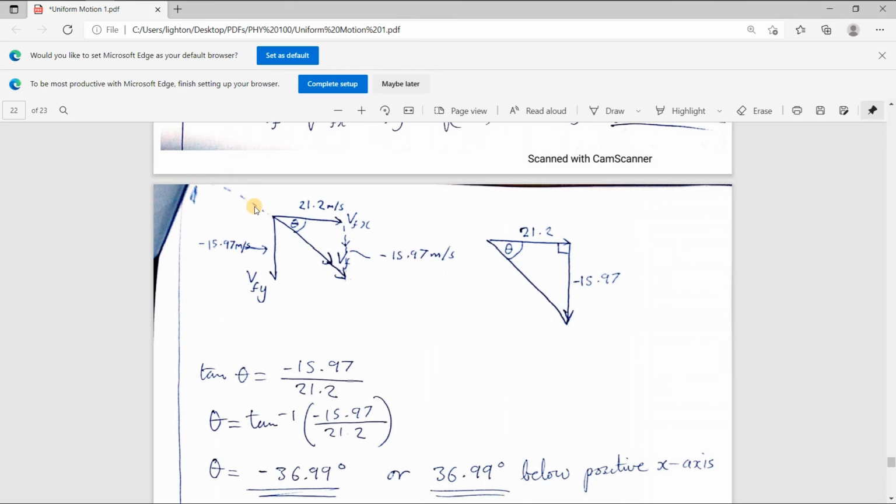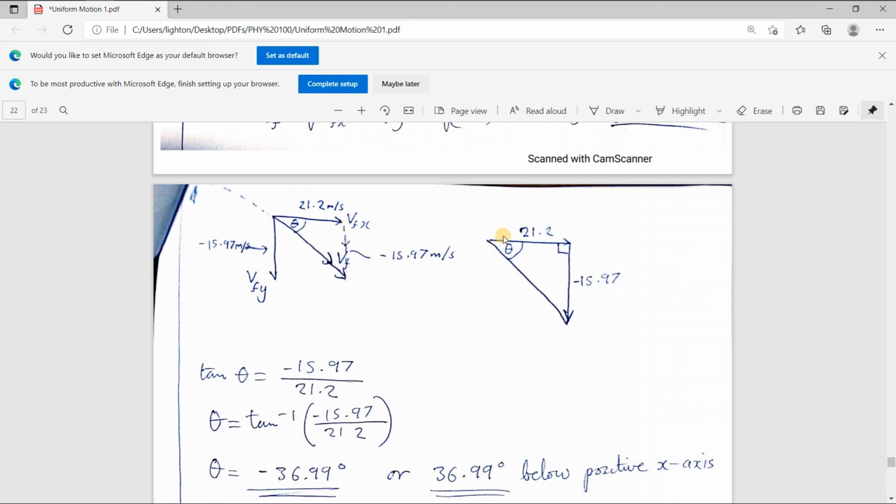Now on its way down, the vectors are looking like this. We have 21.2 meters per second, which is vfx, pointing to the right, as I said, and this minus 15.97 meters per second, it is pointing down. Now, this vector pointing down is just the same as us taking it pointing down from this point.